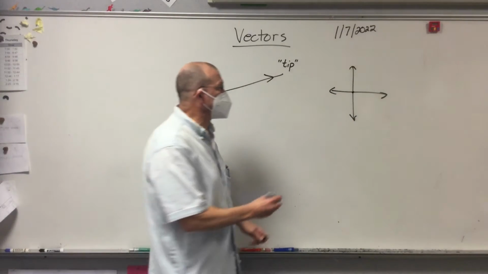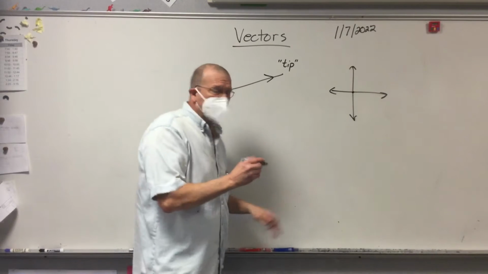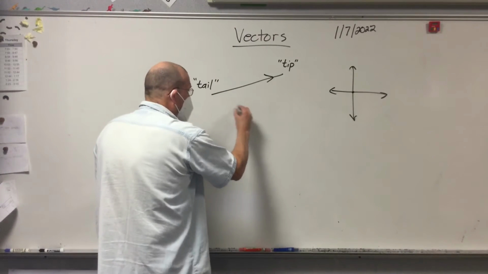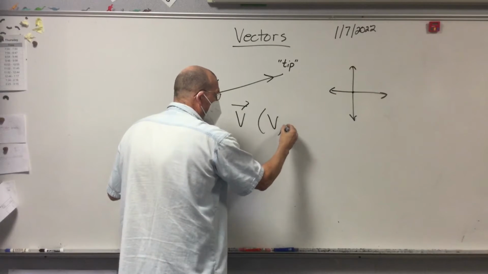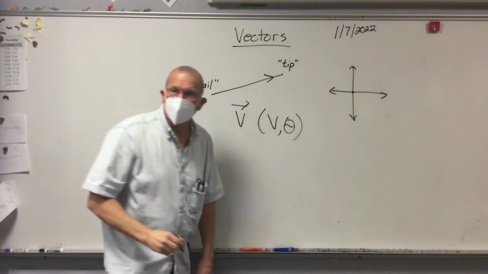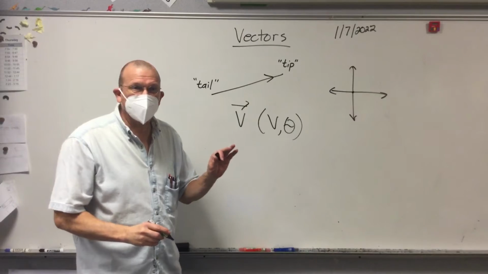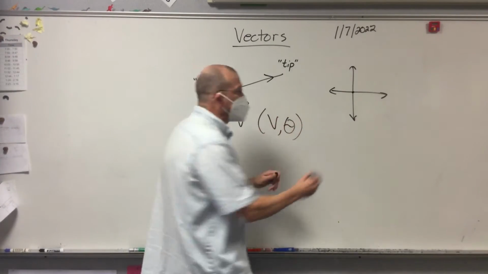And the idea is that if I give you a particular vector that consists of a magnitude and then an angle, the first thing you have to be able to measure is what is the angle.